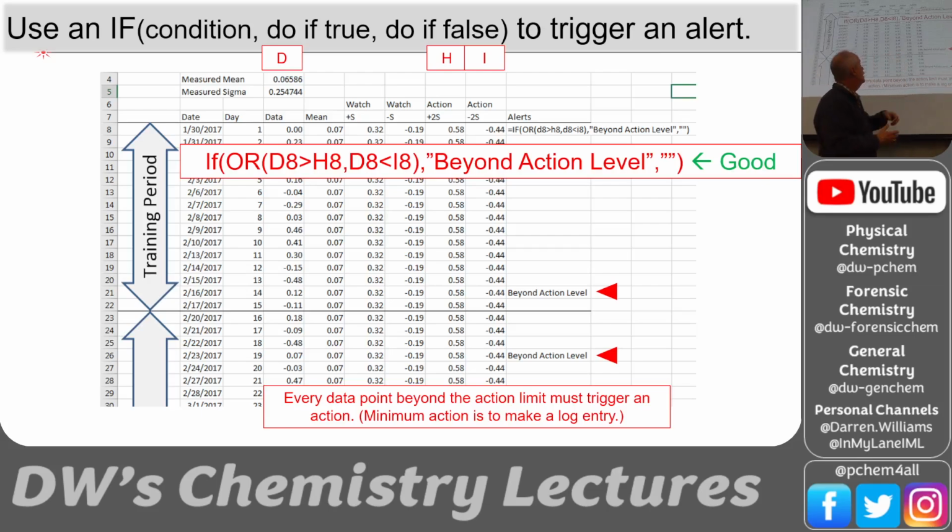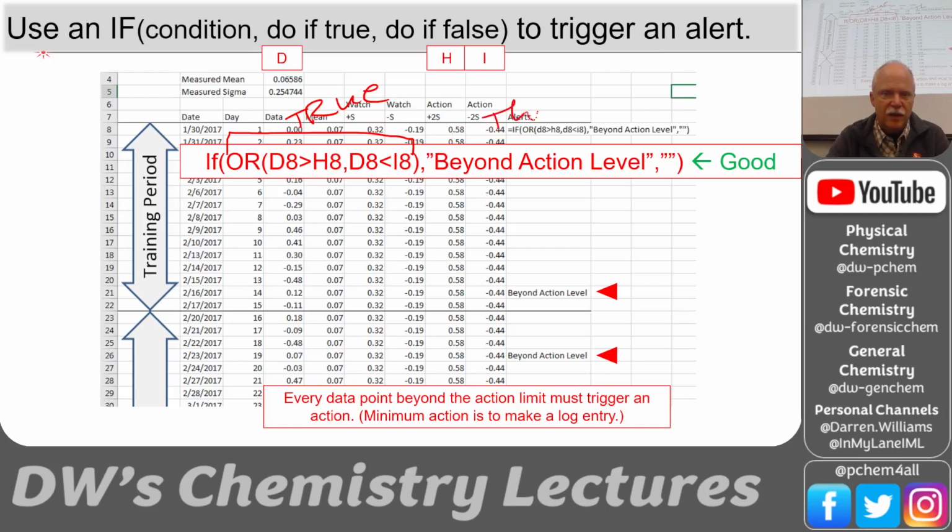Okay, so the way the if-then statement works is if this right here is true, then do this, which is between the first comma and the second comma, else this.